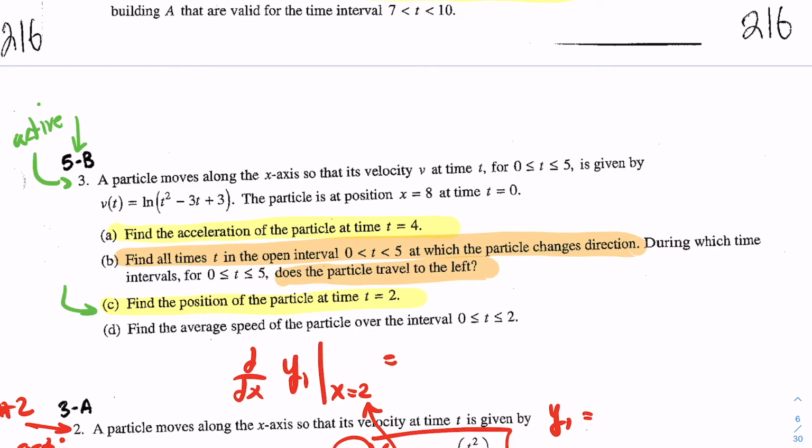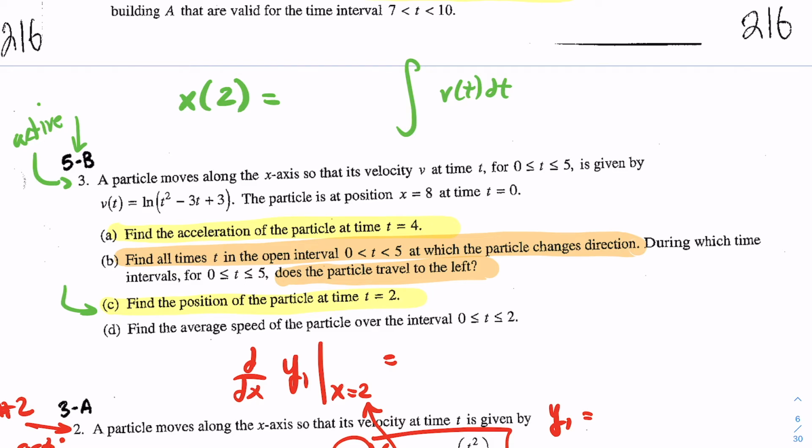Press play when you're ready or if you're stuck. We want to find the position of the particle at t equals 2, so that's x of 2. I know that I have to integrate velocity. Notice how I left the space there intentionally.